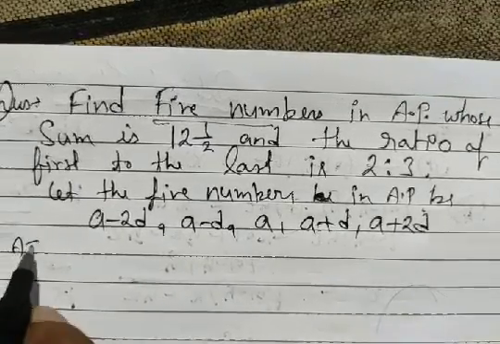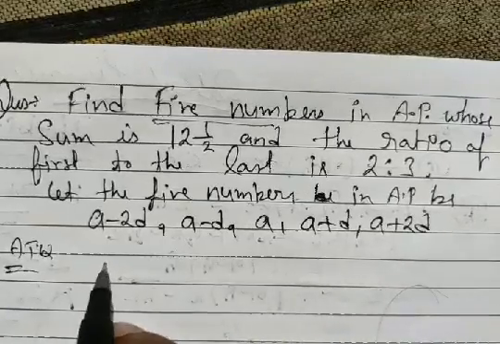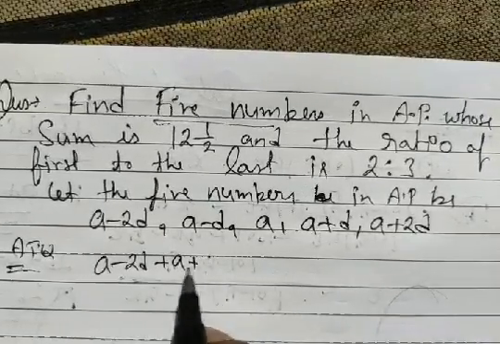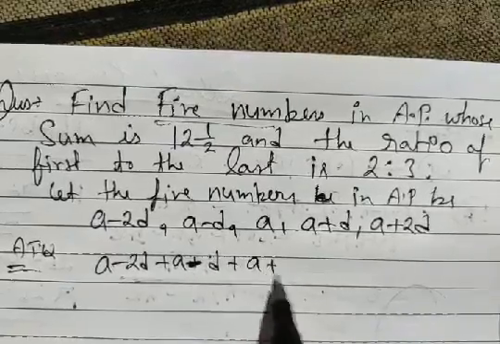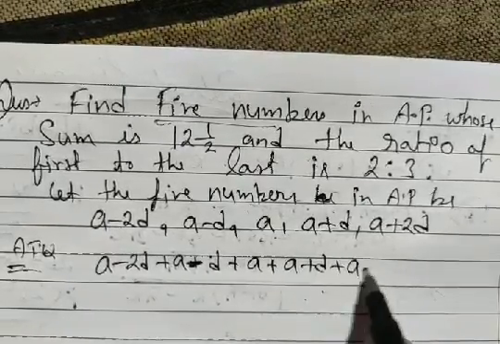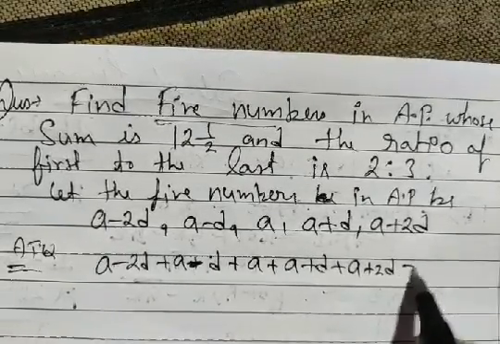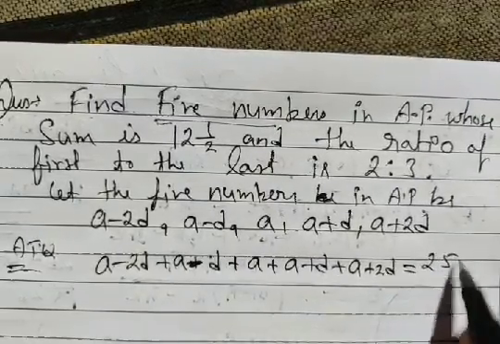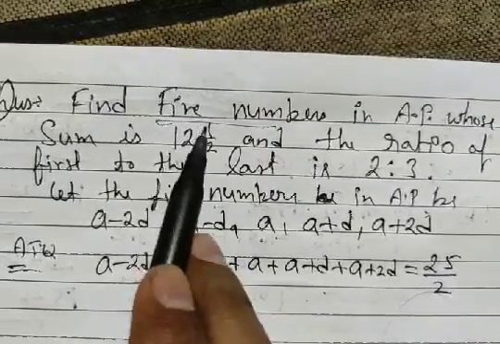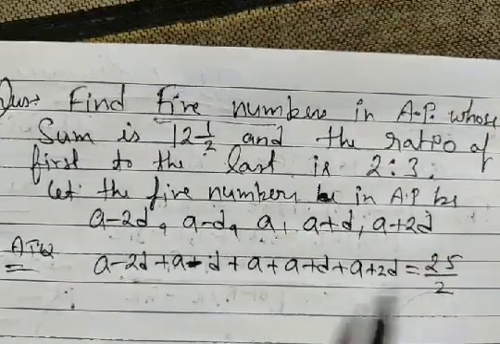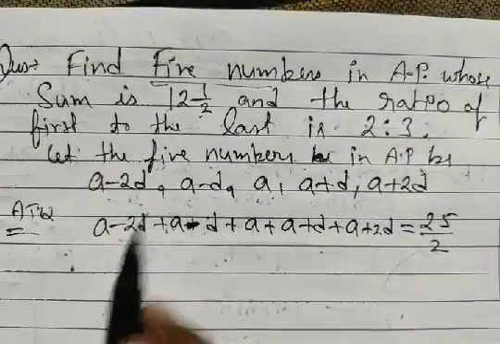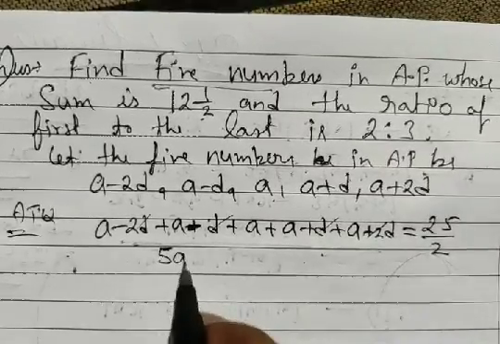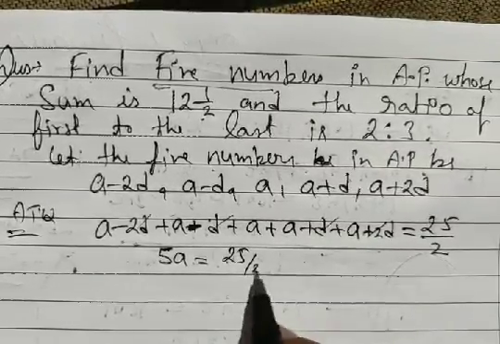According to the question, the sum is given: a minus 2d plus a minus d plus a plus d plus a plus 2d is equal to 12 and a half, which is 25/2. Now all the d terms cancel. Then we have 5a is equal to 25/2.